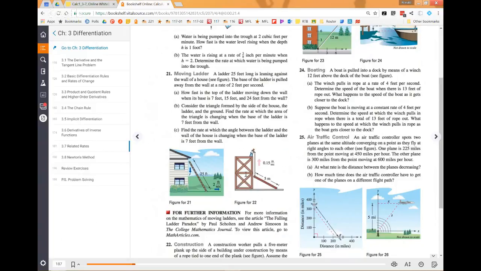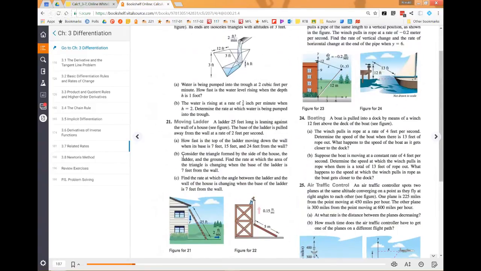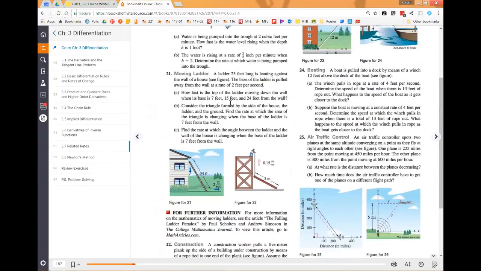That would be using the same Pythagorean theorem. The rest of the problem is just that. Actually, there are 2 other parts to part A too. You see that? That's when x is 15 and x is 24.